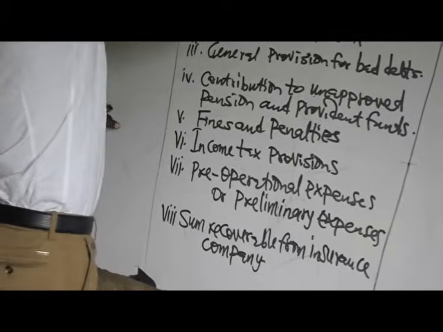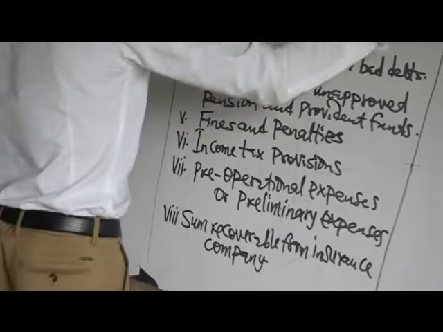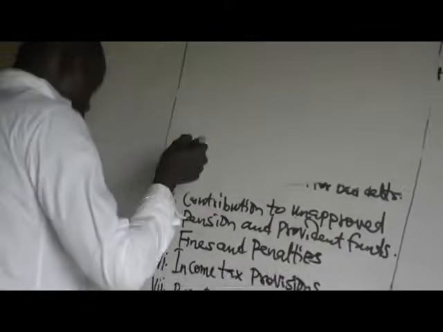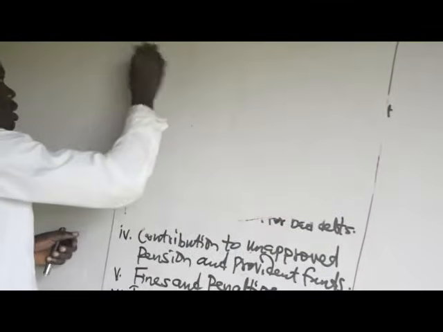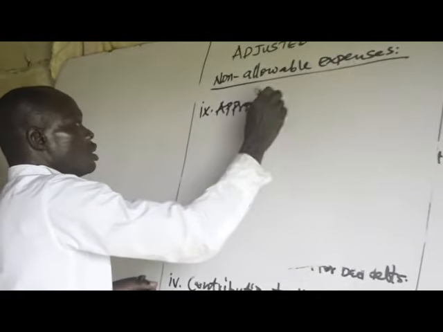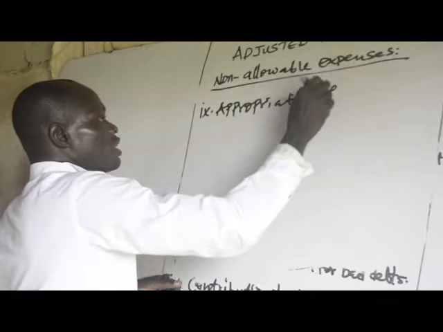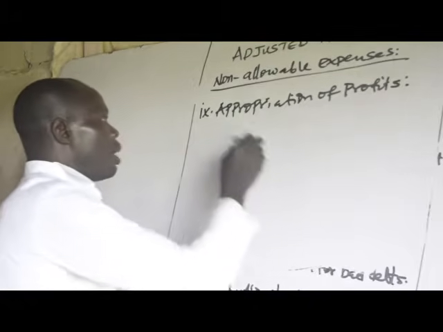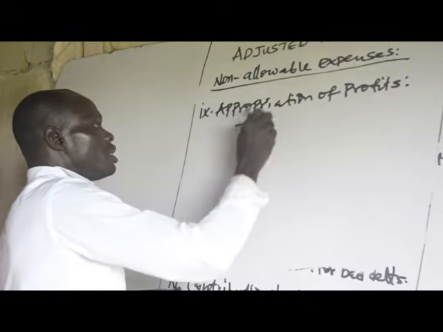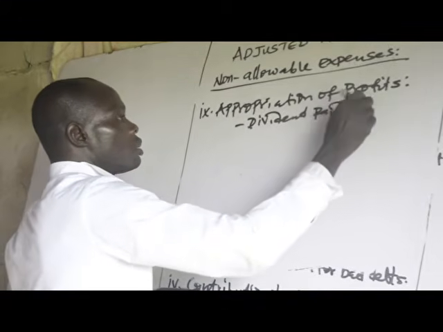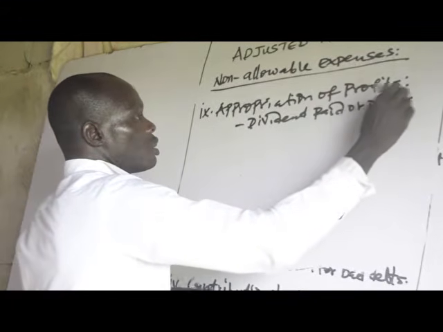We have appropriation of profits. Number 9, we have appropriation of profits in form of dividend paid or proposed.